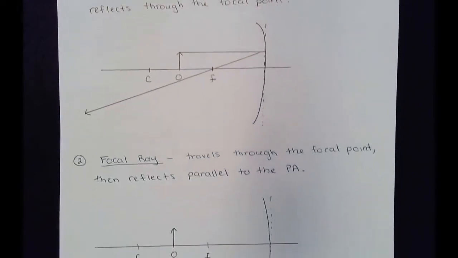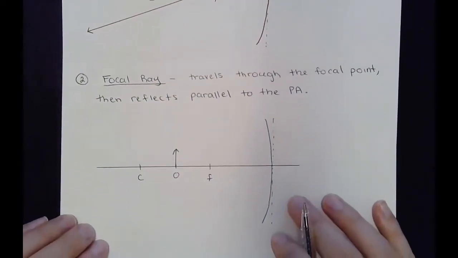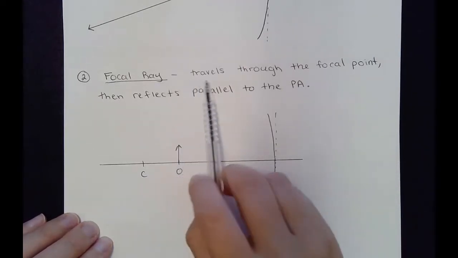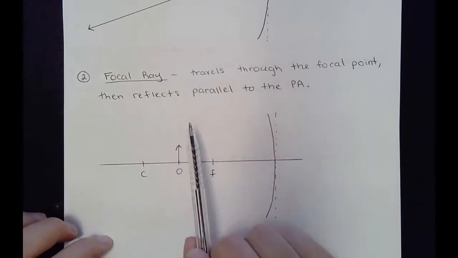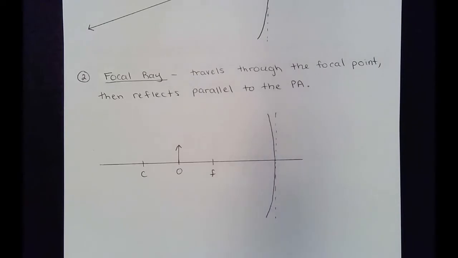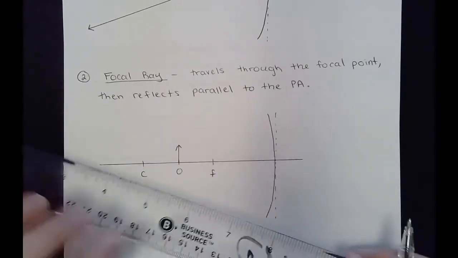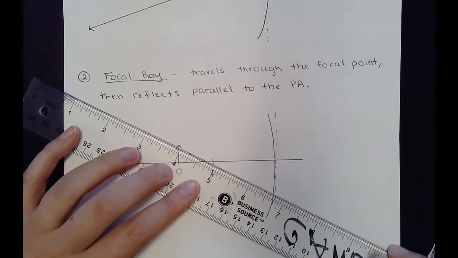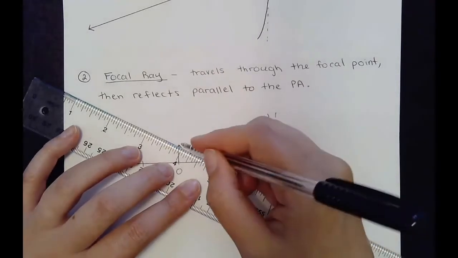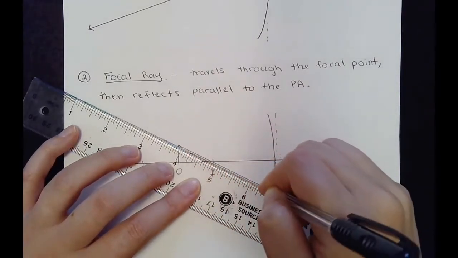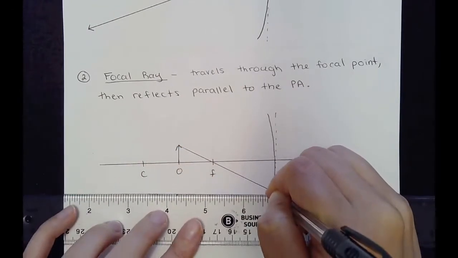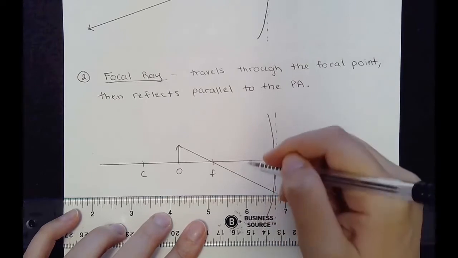Now moving up, our next option here is the focal ray. The focal ray is going to travel through the focal point and then reflect parallel to the principal axis. So it's almost inverted from the last ray. So I'm going to take the top of the arrow through the focal point until it hits this line that I've drawn for the mirror and then reflect parallel to the principal axis.